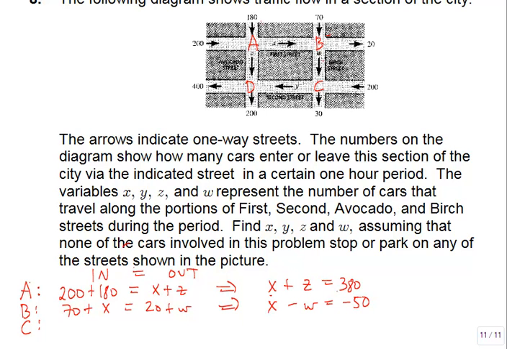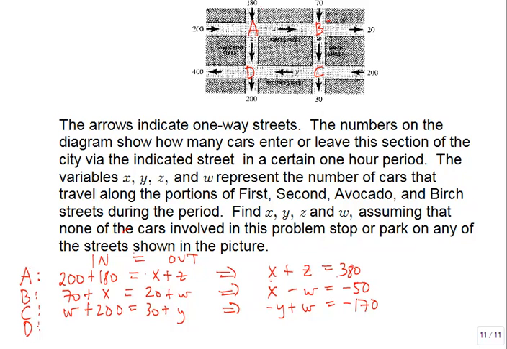What's coming into C? Well, we have W coming into C, and we have this 200 going into C. What's leaving C? 30 is coming out, and Y is coming out. So this becomes, if I move that Y over to the left side by subtracting it, we get a negative Y plus a W, and then I'm going to subtract the 200 over to the right side, and that's going to give me negative 170.